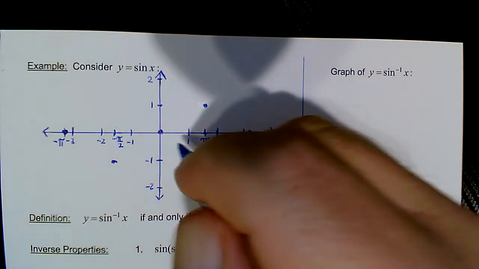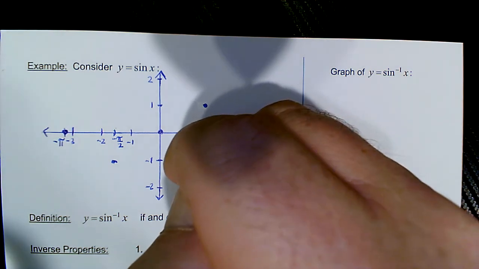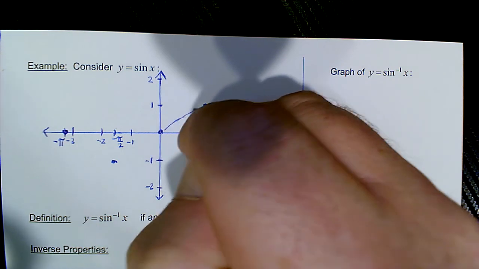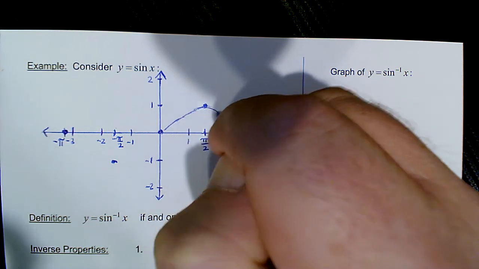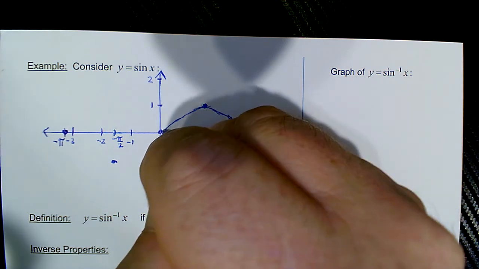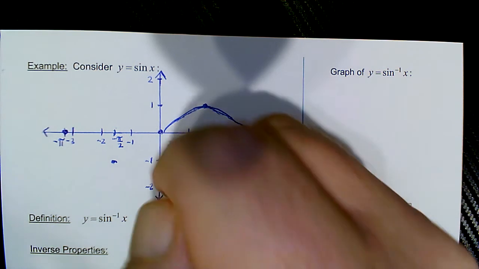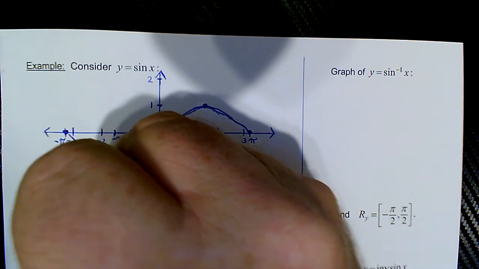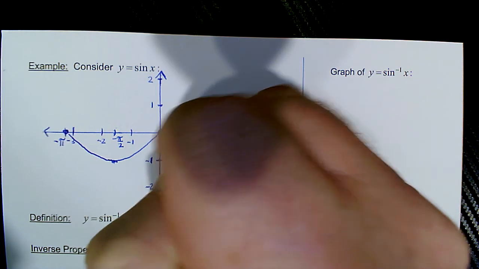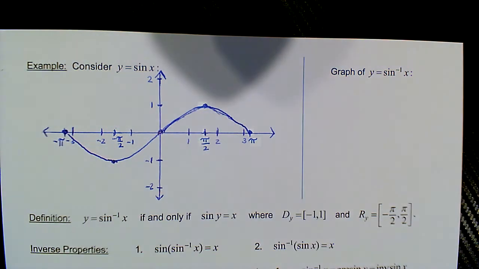Okay, so then if we sketch this, sketching the sine function, it's just a rough sketch, but that's that piece, and then we've got this piece here. So that's roughly what the sine function looks like in that range.